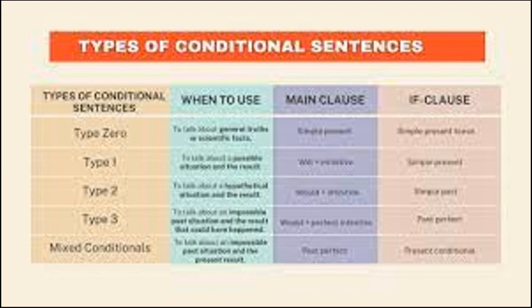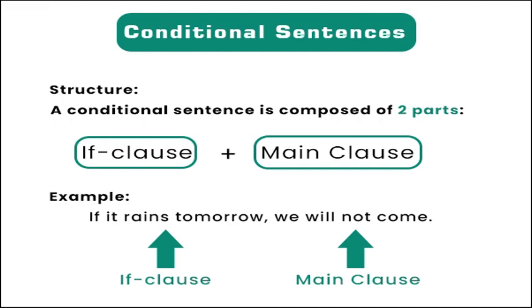It's used to speculate about what will happen, what could happen, what might happen, what we wish could happen. Now, the form for this conditional sentence can be if clause plus the main clause, which is two parts. This is what normally all the conditionals do.